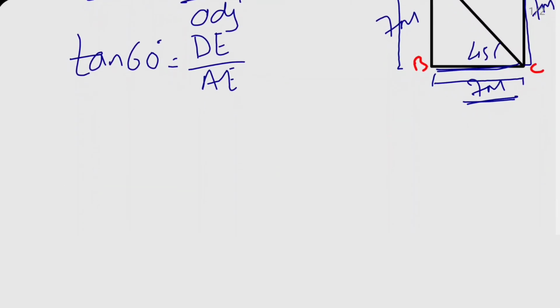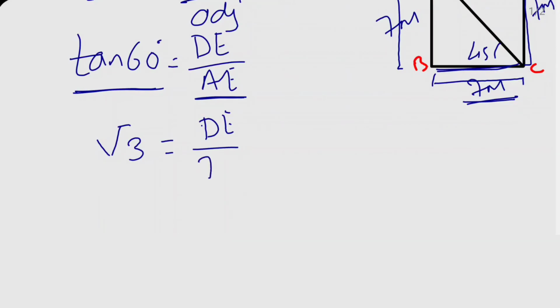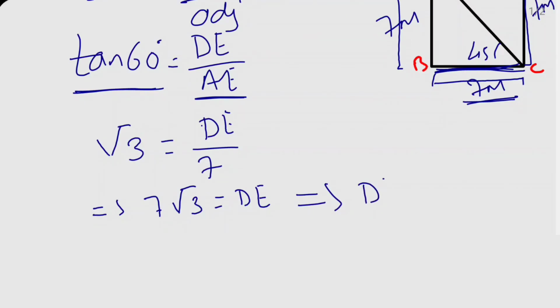And now here we know that the tan 60 value, that is root 3, equal to DE divided by AE. AE is 7 meter, because AE is equal to BC. BC is 7 meter. So here 7 comes to the LHS side, it becomes a multiplication. So 7 root 3 equal to DE. So here DE equal to 7 root 3 meter.